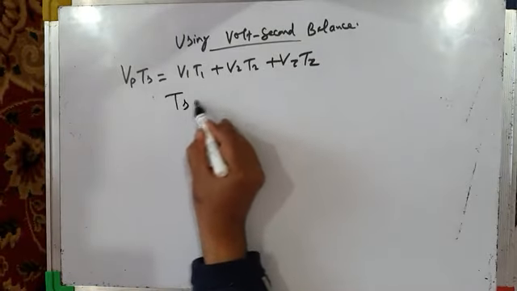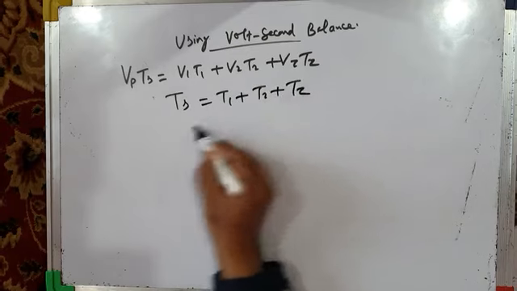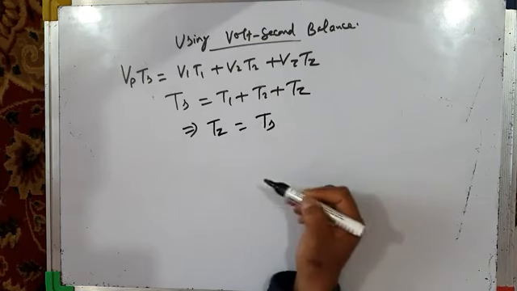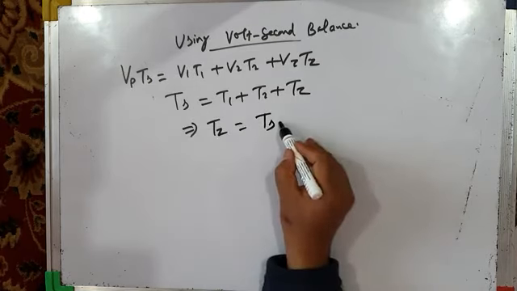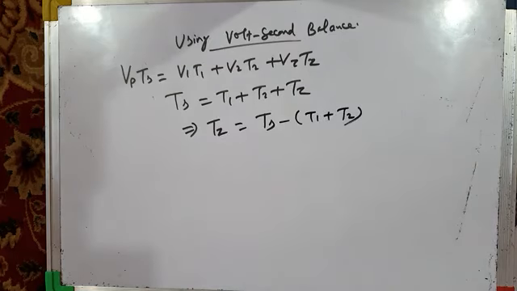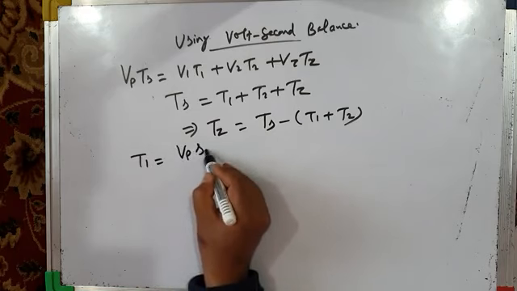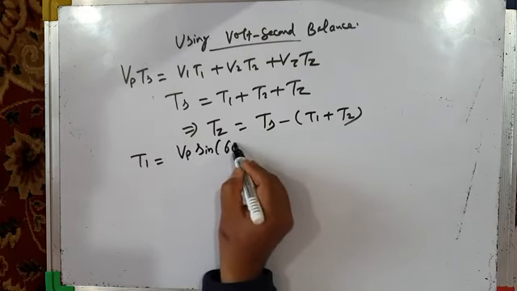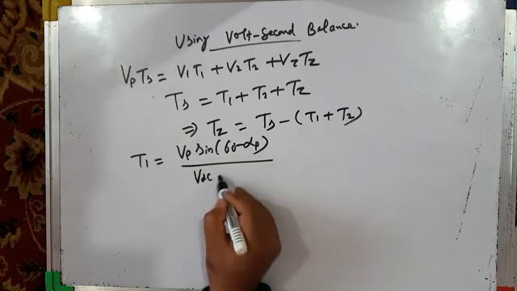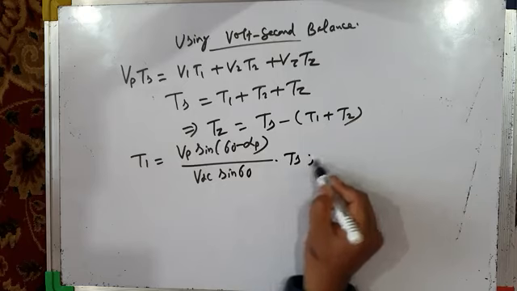Where Ts is equal to T1 plus T2 plus Tz, which means the null vector time is equal to the subcycle interval minus T1 plus T2. And what is this T1 given by? T1 is given by Vp sine of 60 degrees minus alpha p by Vdc sine 60 degrees into Ts.